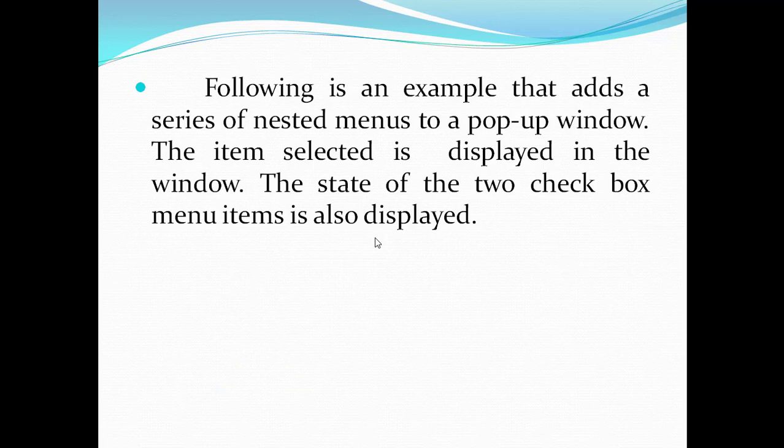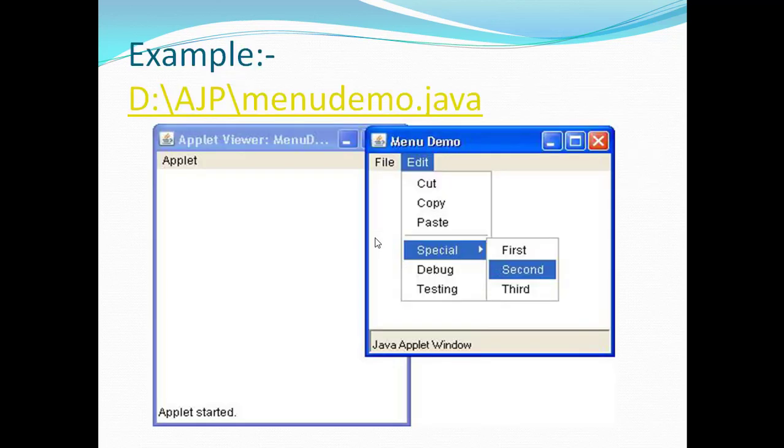Following is an example that adds a series of nested menus to a pop-up window. The item selected is displayed in the window. The state of the two checkbox menu items is also displayed. In the output of this example, in an applet window we have created another window, a frame window, and to that frame window we have added a menu bar.